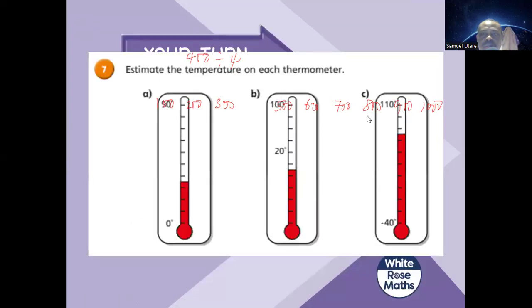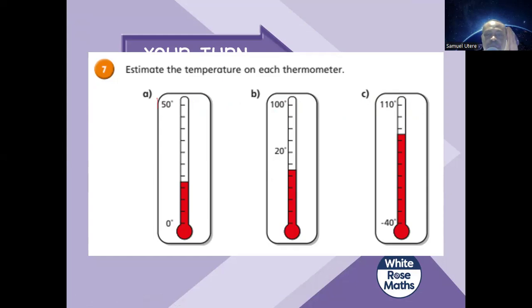Here is question 7. Question 7, you asked, estimate the temperature on each thermometer.